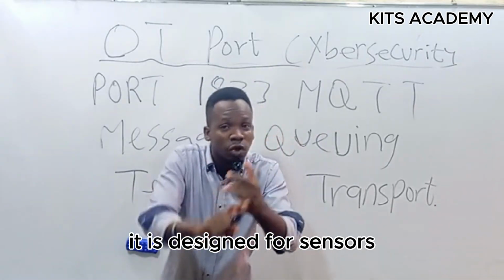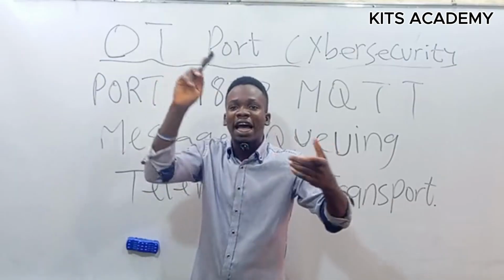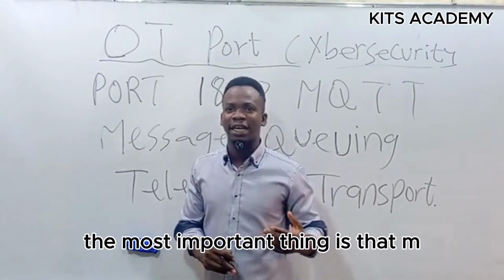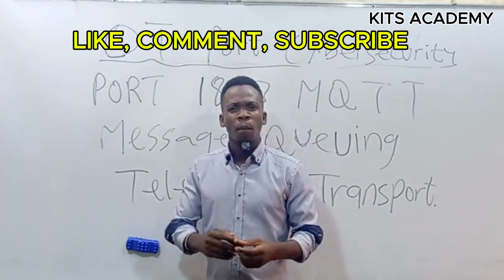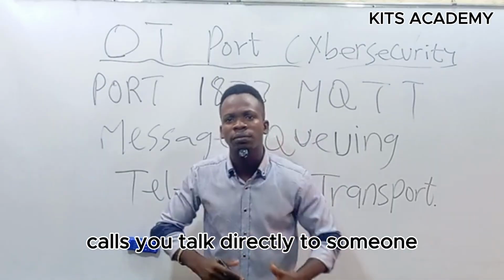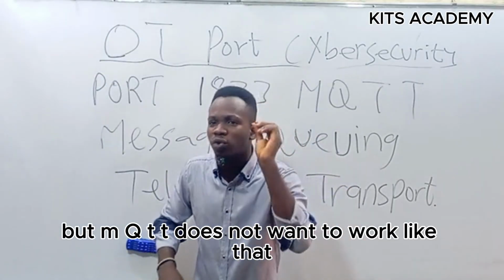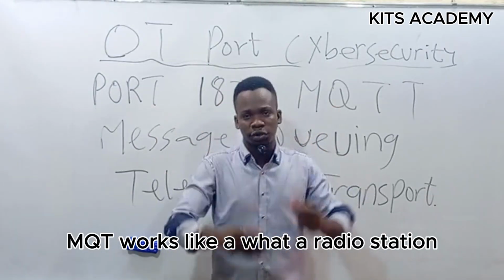It is designed for sensors, remote devices, unreliable networks, and large scale systems. Most people think that communication is like a phone call. You talk directly to someone and then they talk back to you. But MQTT does not work like that. MQTT works like a radio station.